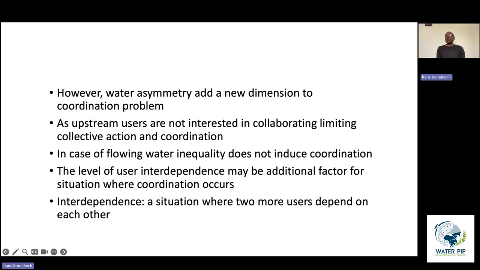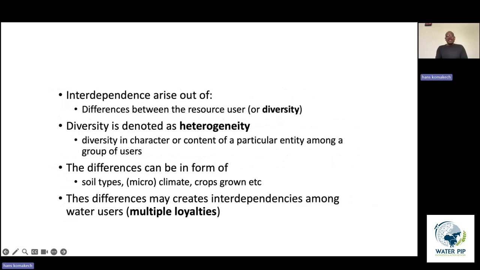But there are aspects that may be of importance, in that there is some level of interdependency that may add factors for coordination to occur even under such a setting. Interdependencies here are where two or more users depend on each other for a number of reasons, and I will try to explain this a little further.